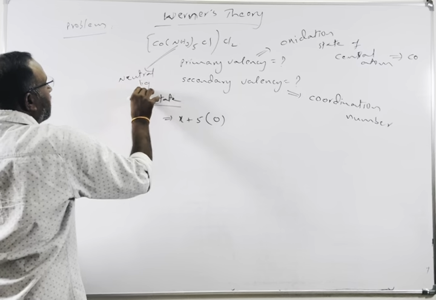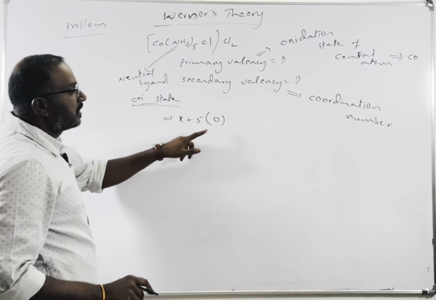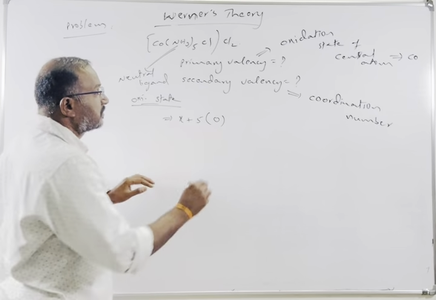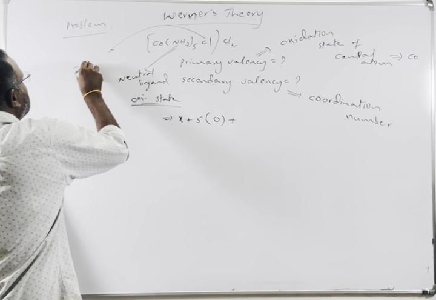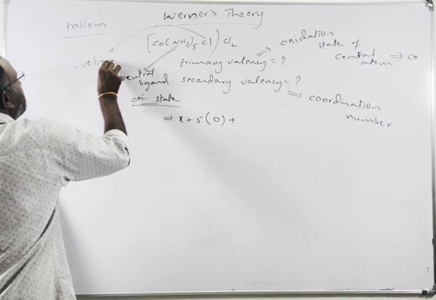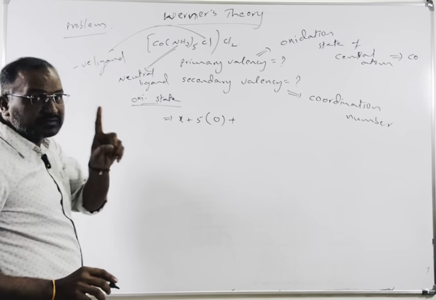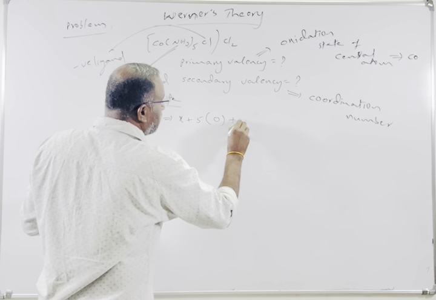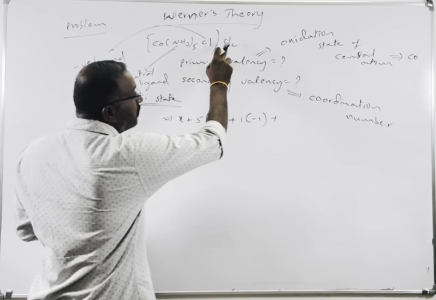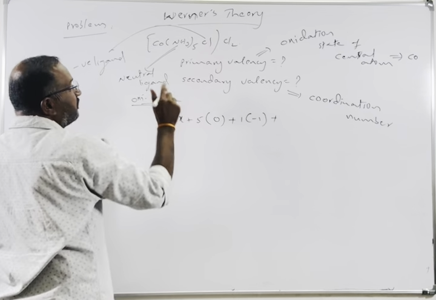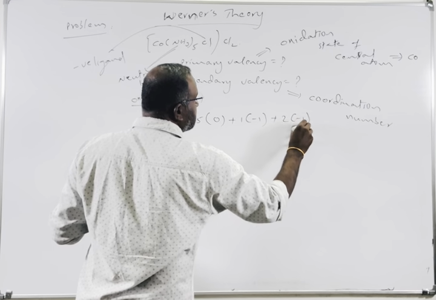For neutral ligands, the charge is 0. So I am taking 0, plus Cl minus, which is a negative ligand with 1 unit of negative charge. That is 1 chlorine, so minus 1. After that, there are 2 chlorides outside, that is 2 into minus 1.